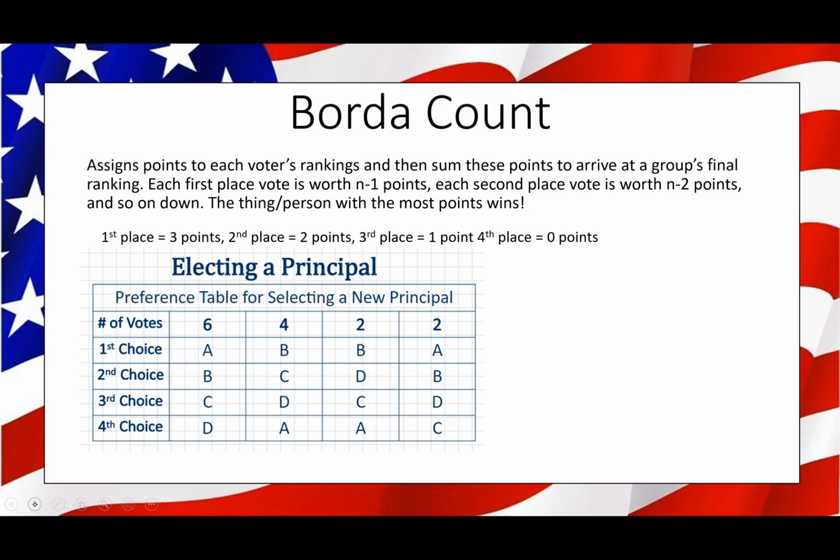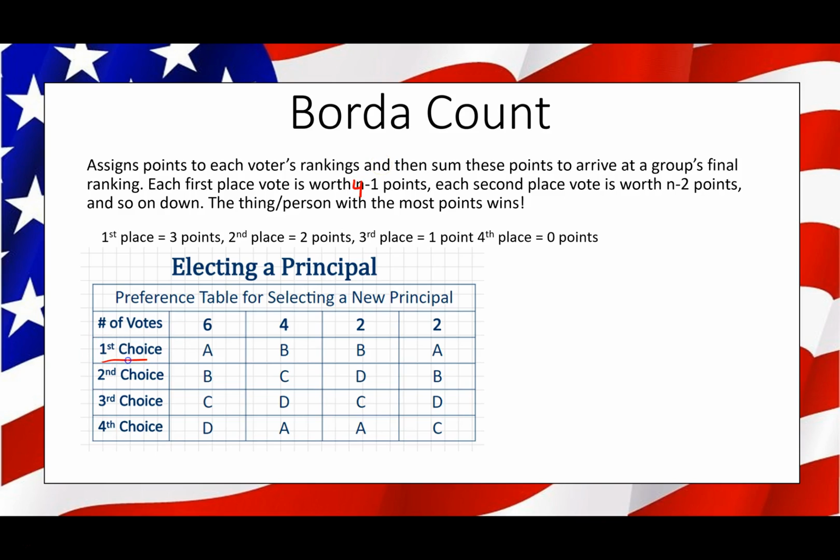So what I want to talk about today is the Borda Count. The Borda Count assigns points to each voter's ranking, and then you sum these points to arrive at a group's final ranking. So you can think about each first place vote as worth n-1. What do I mean by n-1? Well, there's 1, 2, 3, 4 options. So 4 minus 1 is 3.